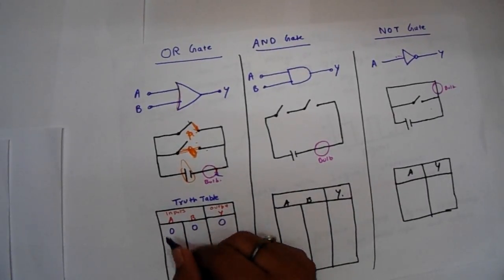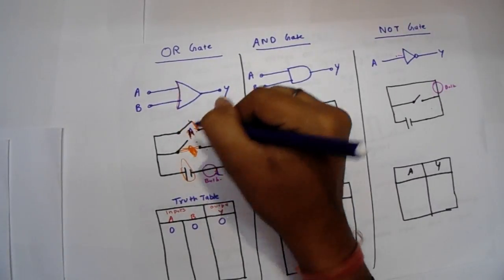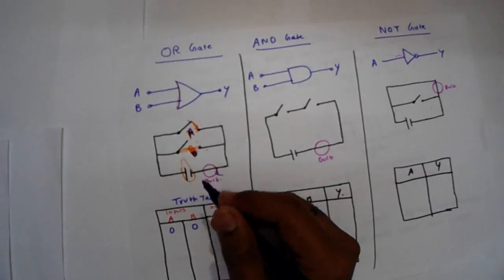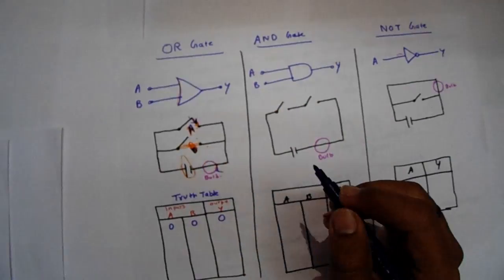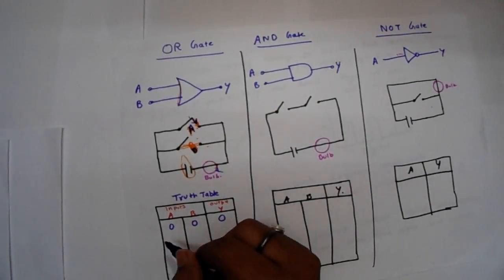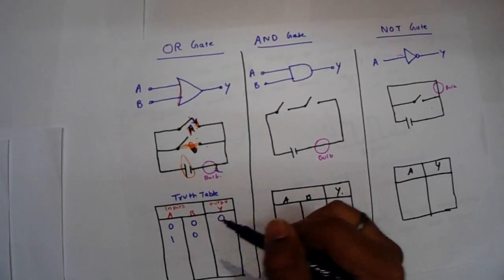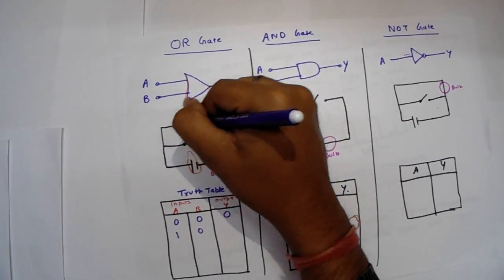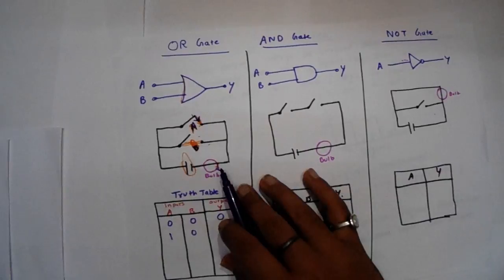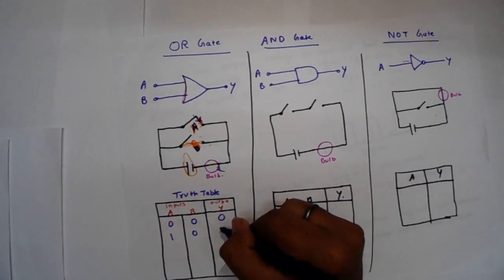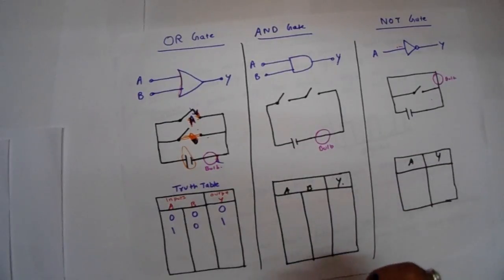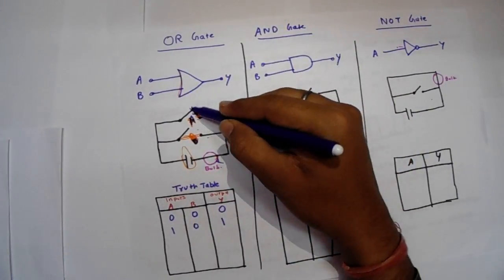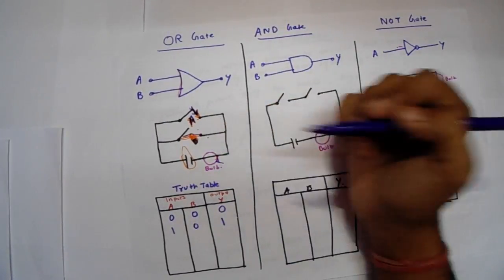Suppose input A, that is switch A, is closed, but B is open. So 1, 0, the circuit is completed. You can see the bulb will glow this time, so we have output as 1. Suppose another scenario, A is open but B is closed.